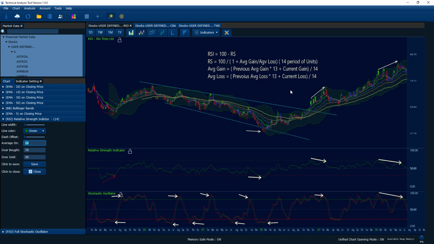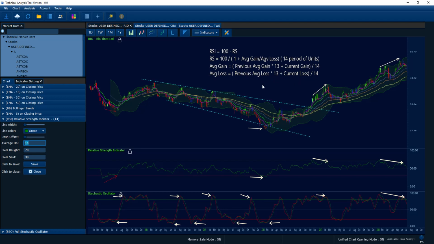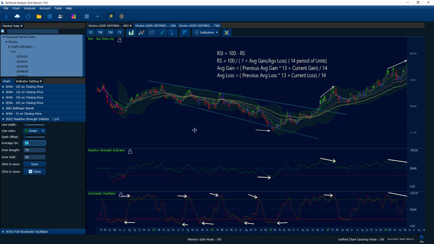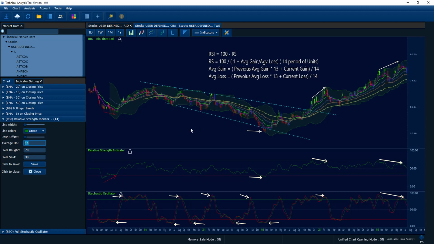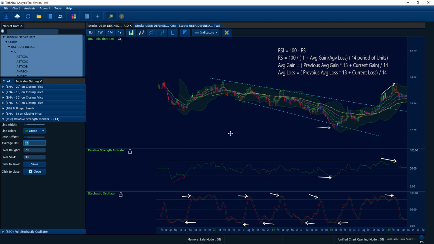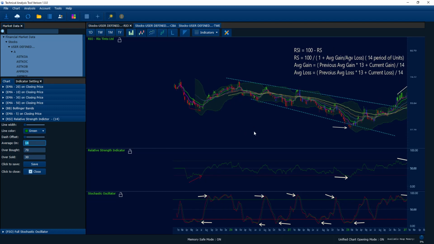But I'm sure you have heard about the average gain and loss many times, so bear that in mind. By using this method, we smooth out lots of noise for the overbought and oversold. Because this number is an average, as you can see, there are so many arrows here if you compare to the stochastic oscillator.